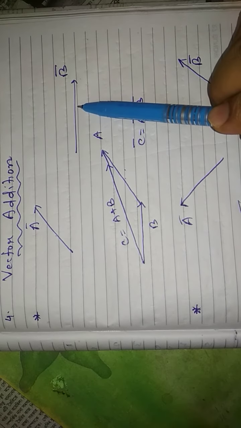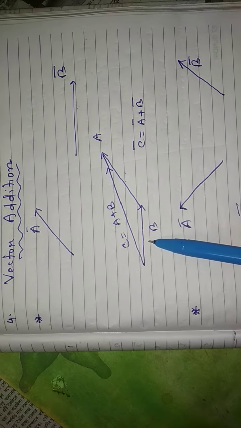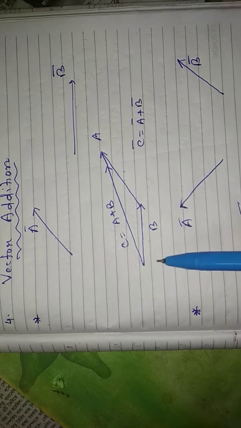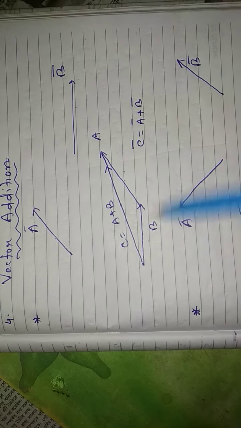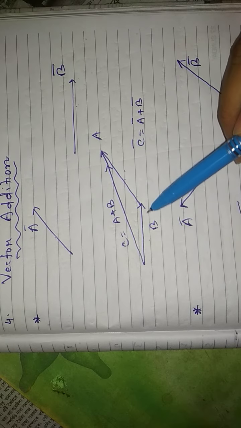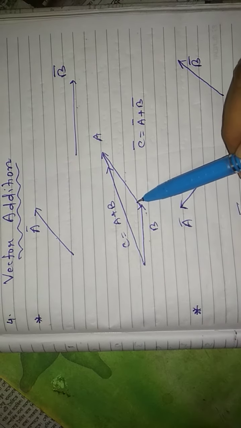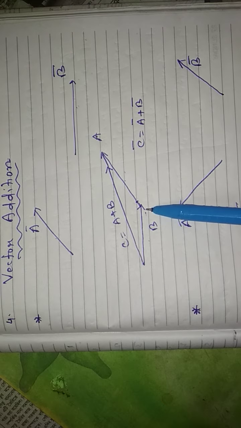And this is the other vector, vector B. We have again changed its location from here to here, but we haven't changed the direction. Now the process is, the tail of a vector should be connected with the head of another vector. So this is the tail of A vector and this is the head of B vector.